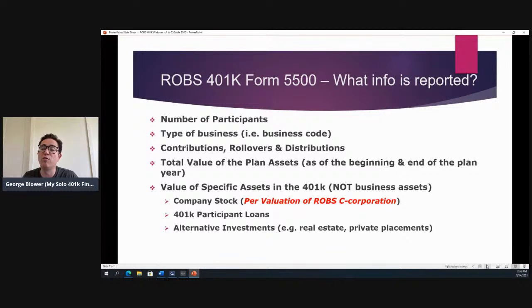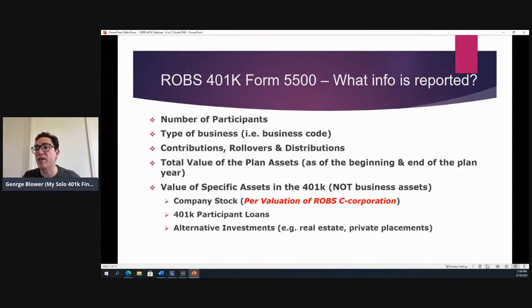For example, if you're making 401k contributions, like the $19,500 that you can make for 2021, or even up to $26,000 if you're 50 or older, as well as employer contributions, matching contributions. There's also space to enter rollover amounts. So when you're first funding your business, of course, you're going to roll over money to the plan. And that rollover amount needs to be listed on the 5500.